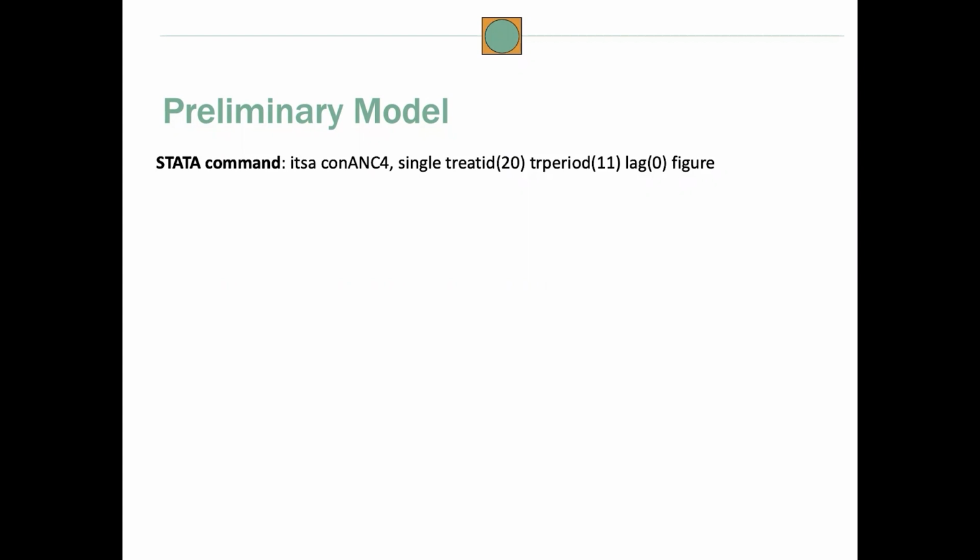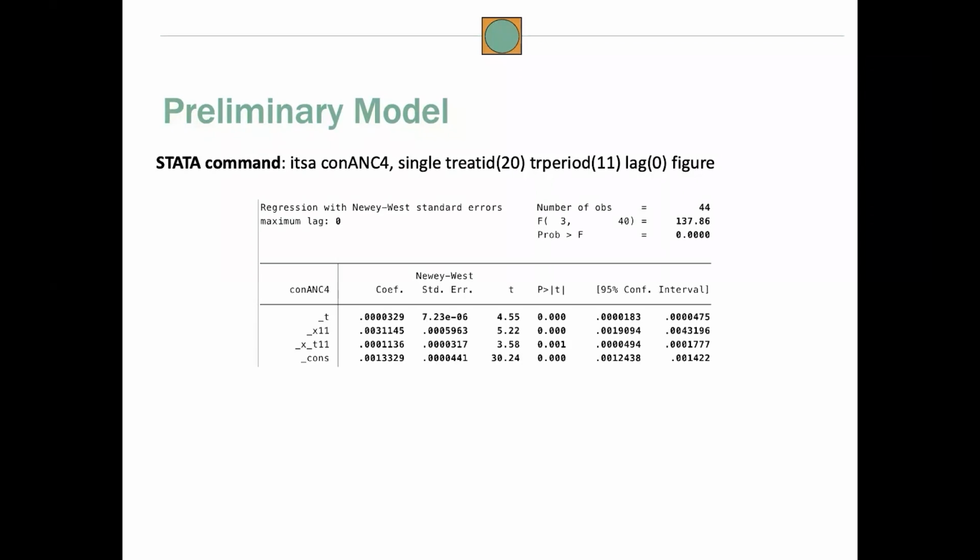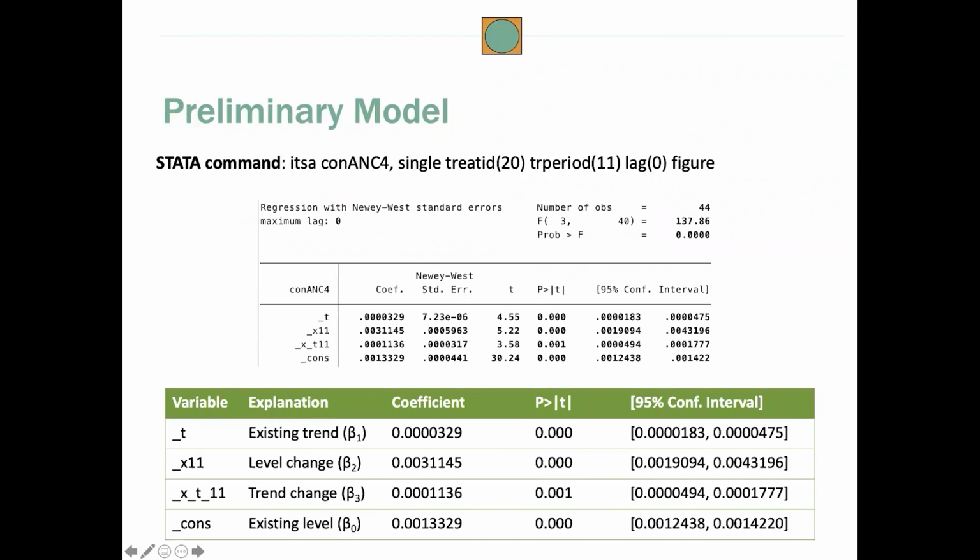So once we run our ITSA command, we produce the following output, which we also present as a table because it's a little bit clearer. Our intercept, which is _cons, the last row, gives us our beta naught, which is the level at the start of the study in January 2017. On the first row, we have _t, which is our beta 1, and it's the existing slope or trend during the pre-policy period.